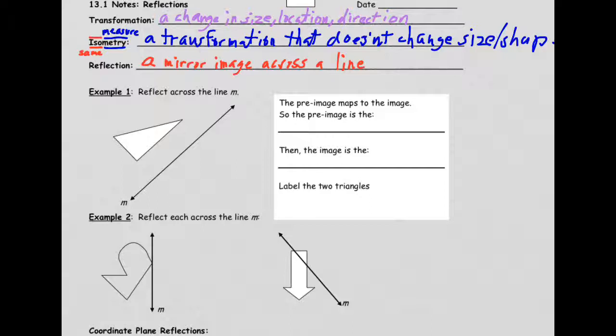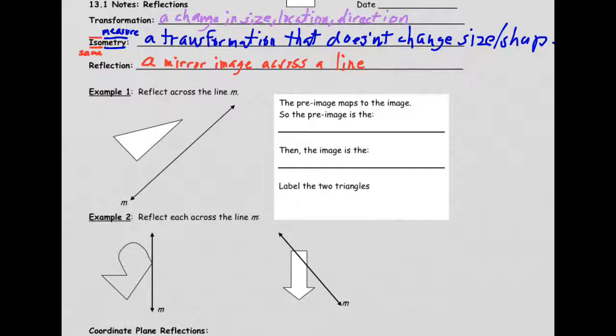Okay. The other thing about this is isometry. Now, when we say isosceles triangle, what do we know about the two sides of the isosceles triangle? They're all equal. Exactly. So those two sides are equal.